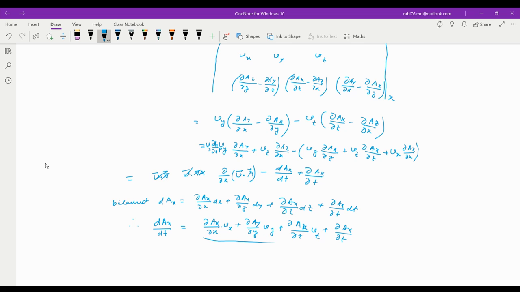So this quantity will be the negative of this thing, that is dAx dt minus del Ax del t. So we have written it here. There is a minus sign; this minus will be plus. So what we have obtained is the x component of V cross del cross A. So the x component of the Lorentz equation.